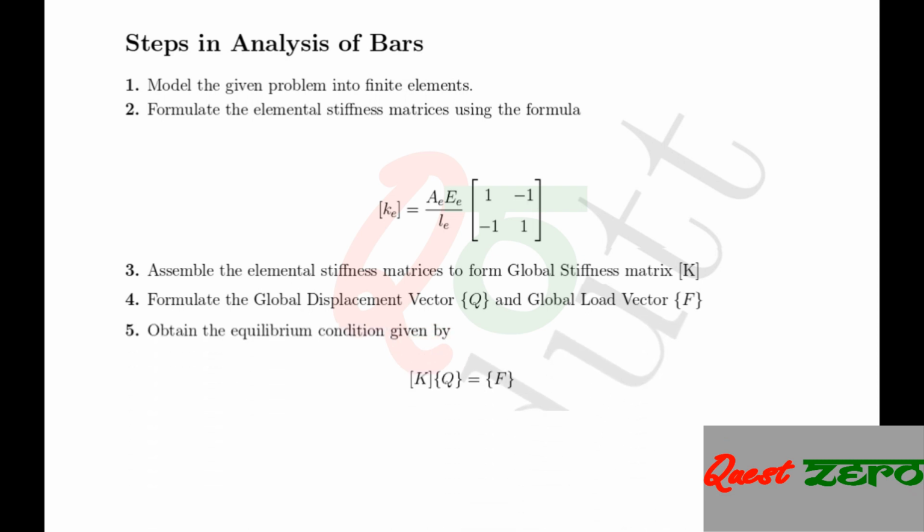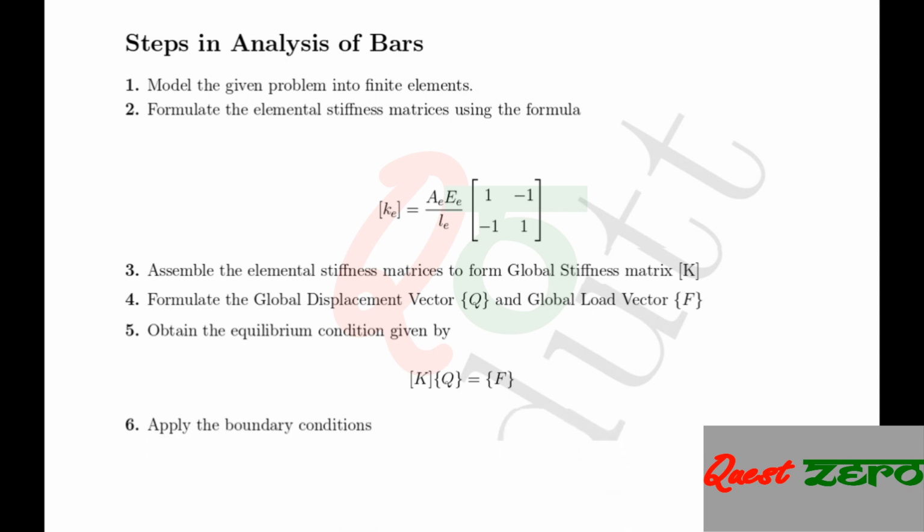Once we have formulated these, we will obtain the equilibrium condition, which is given by K Q = F, where capital K denotes the global stiffness matrix, capital Q denotes the global displacement vector and capital F denotes the global force vector.